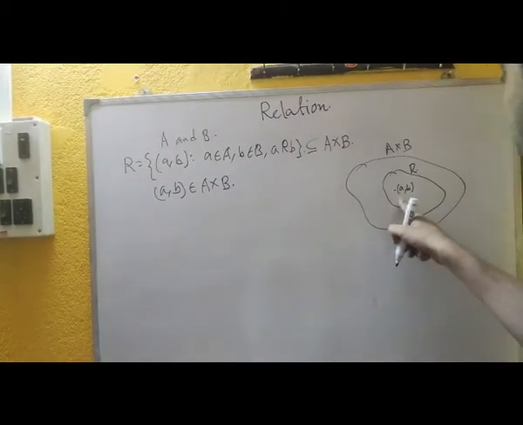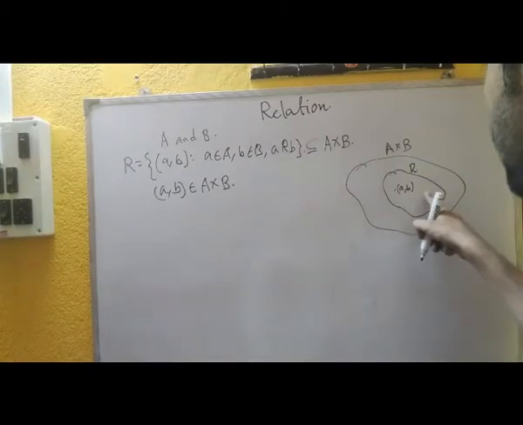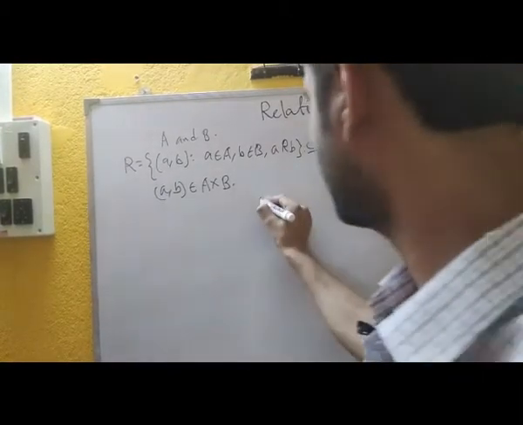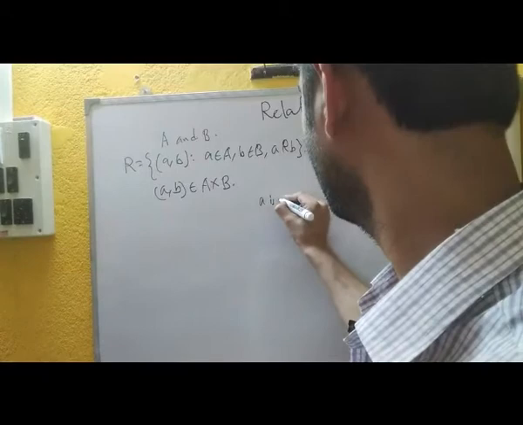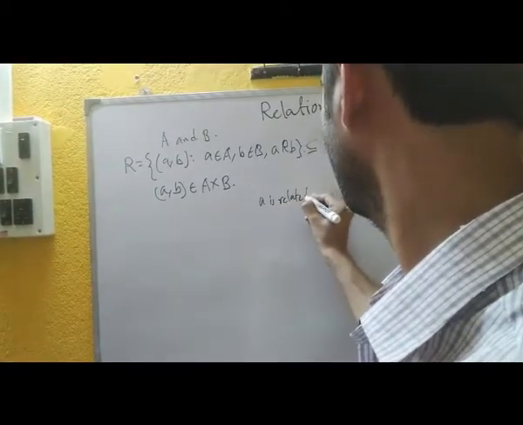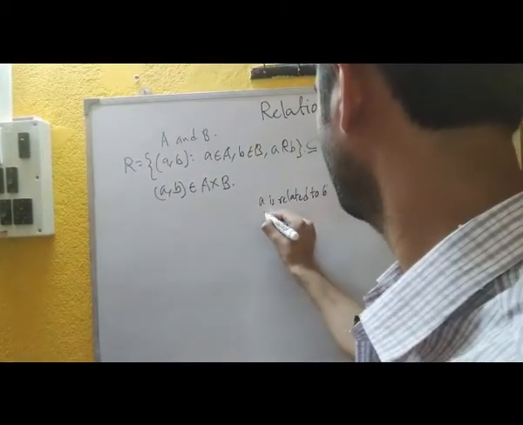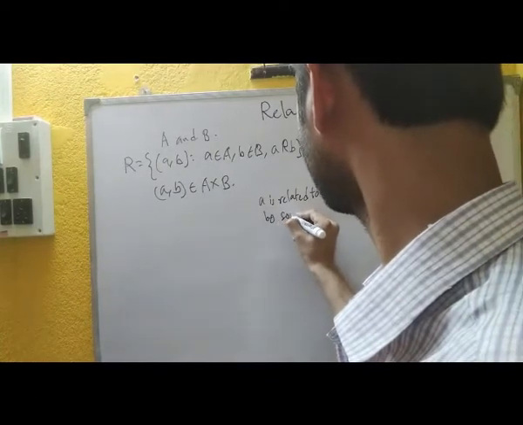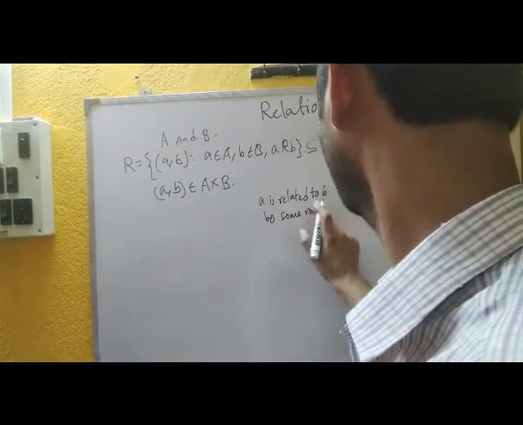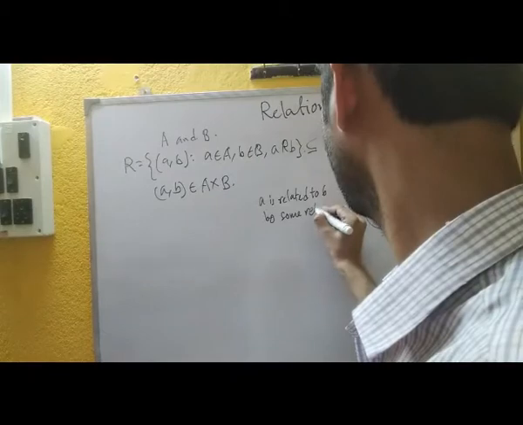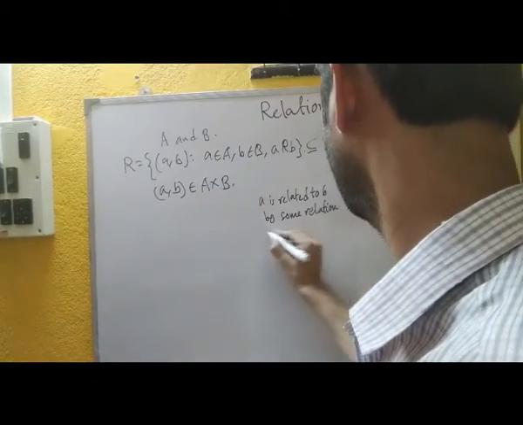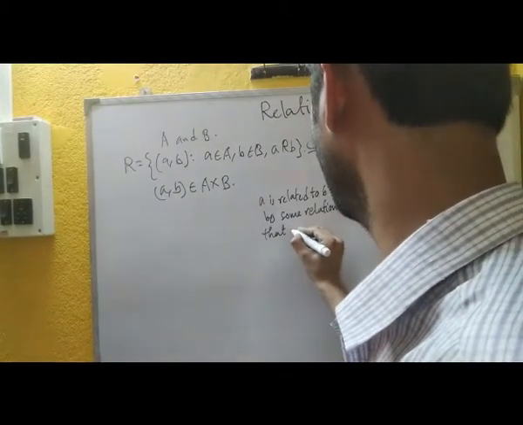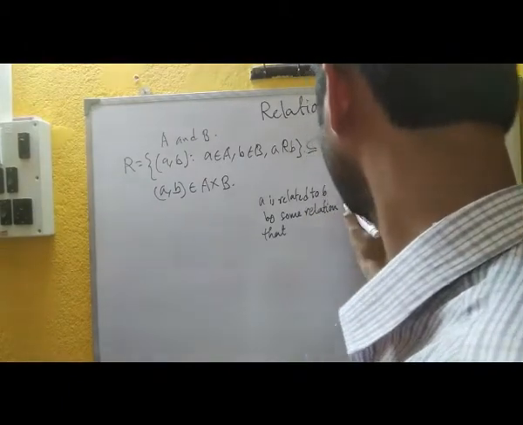So if (a, b) is some element in this set R, then we can say a is related to b by some relation, that we name R.